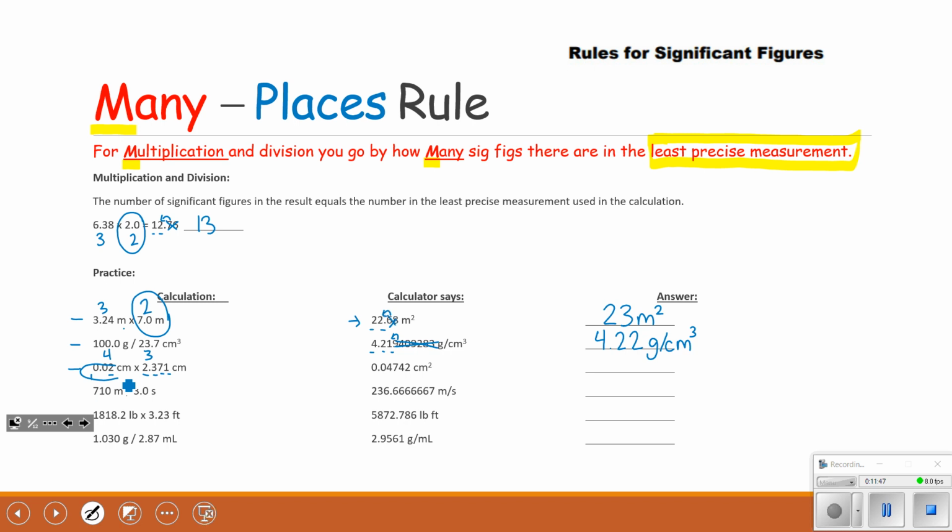So this is the one you're going to go by. So your answer can only have 1 significant figure. Now remember, you cannot start counting until you get to your first significant figure. That's not significant. That's not significant. This one is. So everything else gets dropped, but the 7 will round that up. So this is expressed as 0.05 centimeters squared.